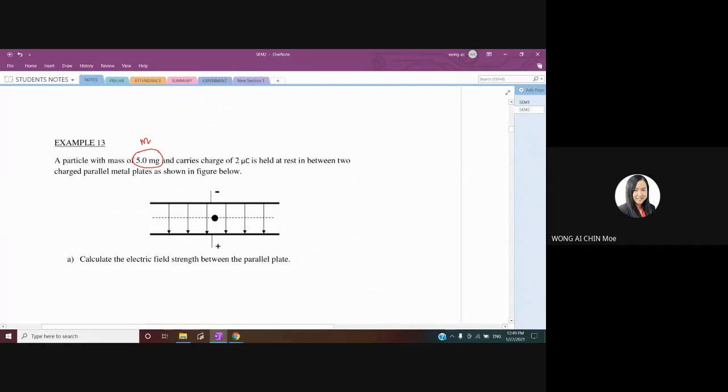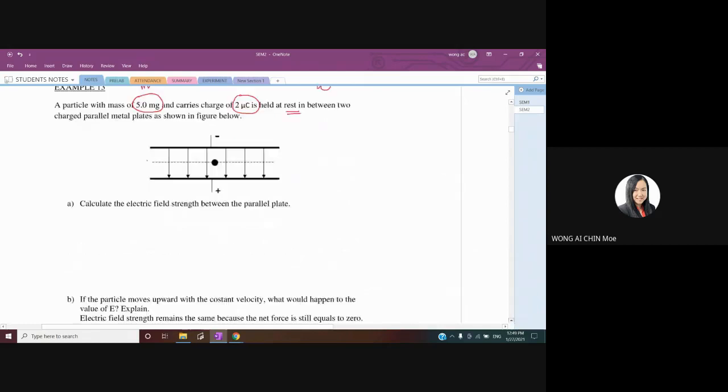So remember, when they give you the mass, meaning that you must consider F equals our weight, meaning that the force acting upward is equal to the weight acting downward. So this is the question. It carries 2 microcoulomb and is held at rest between 2 parallel metal plates. Calculate the electric field strength between the 2 plates.